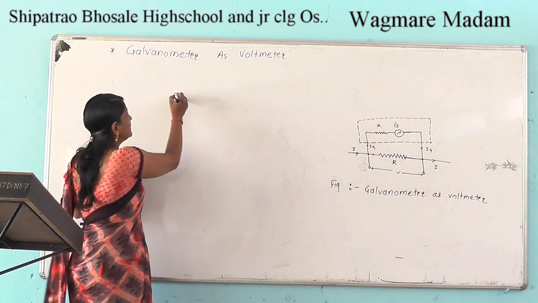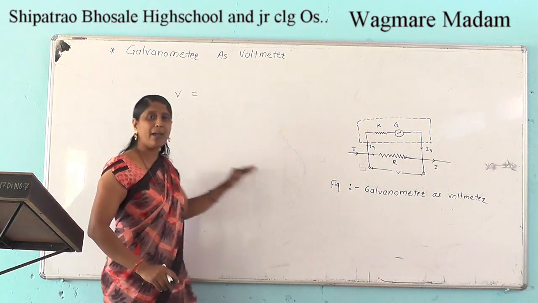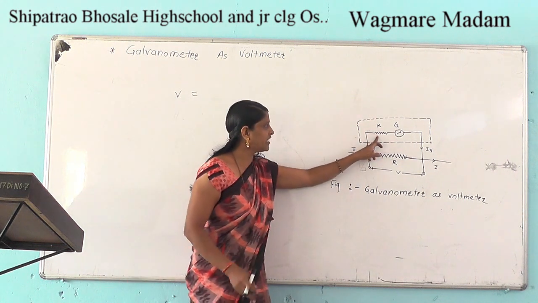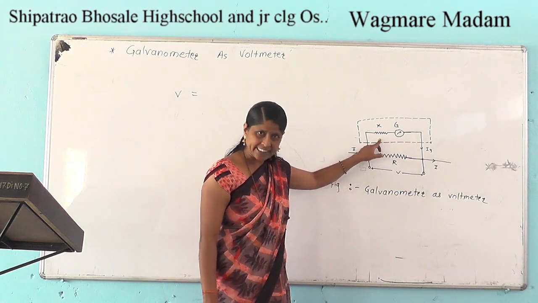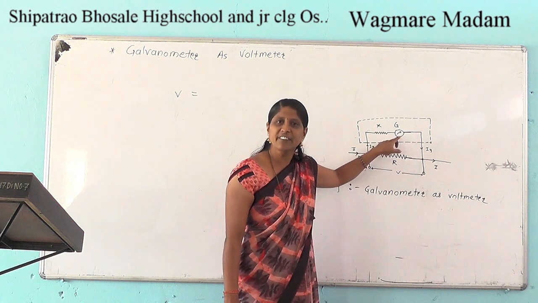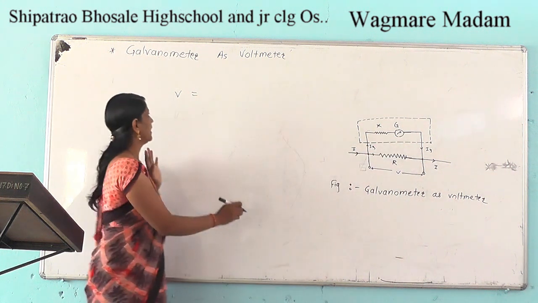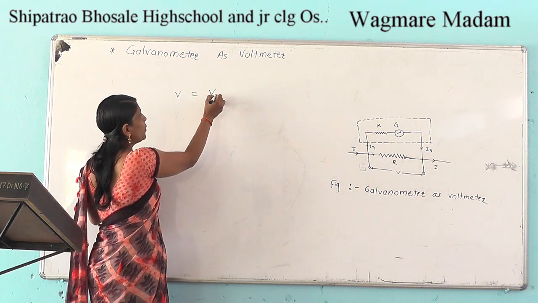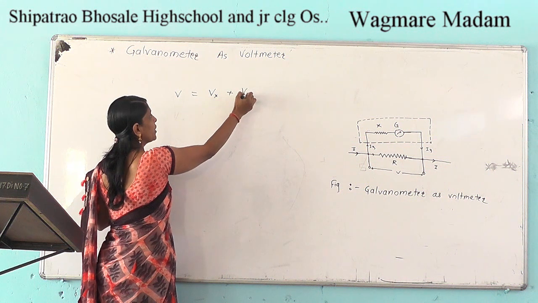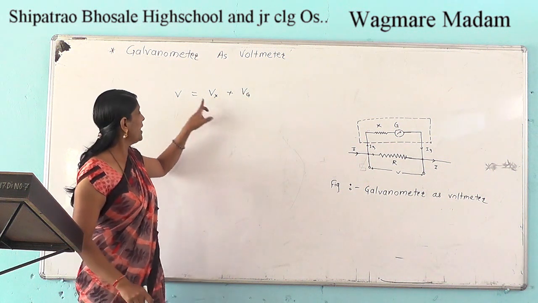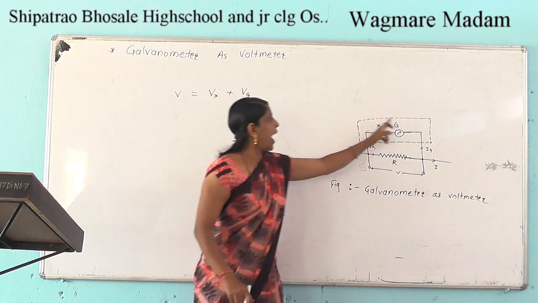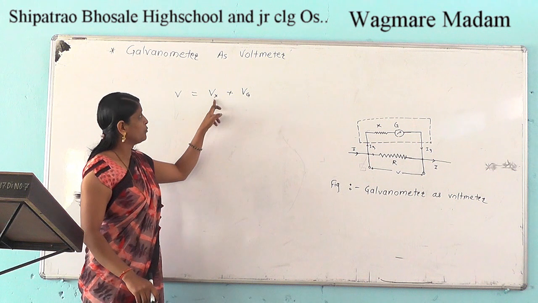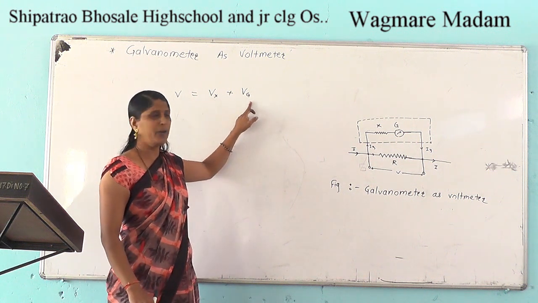Therefore, the total potential difference across this combination is equal to the potential difference across the resistance X plus the potential difference across the galvanometer. We can write V is equal to Vx plus Vg.